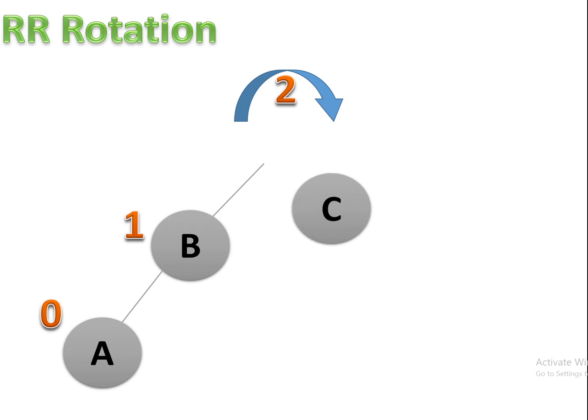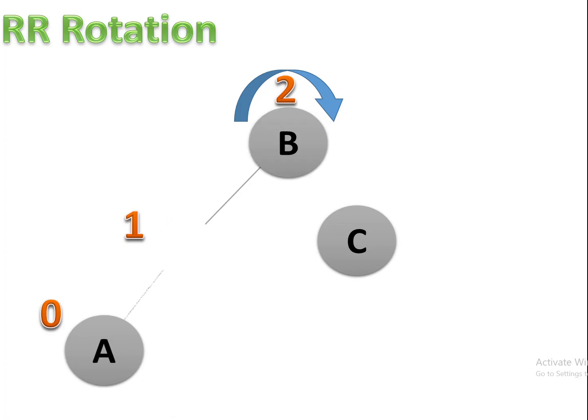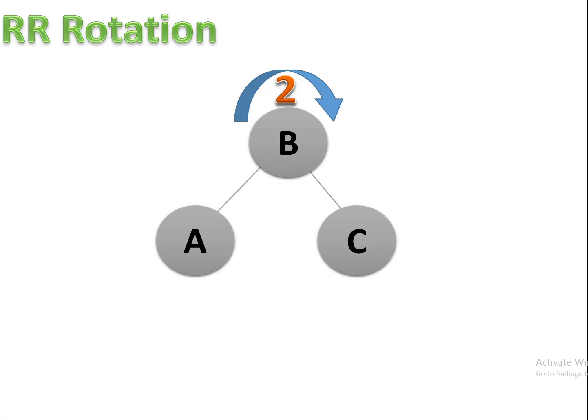We can apply RR rotation, moving one position to the right. This is the working of RR rotation. Again check the balance factor of each and every node. After getting the balance factors 0, 0, 0, the tree is balanced.